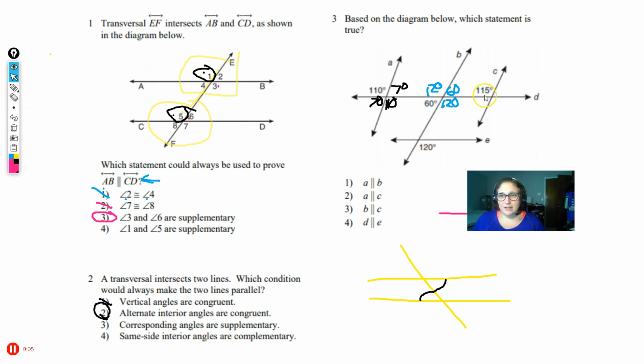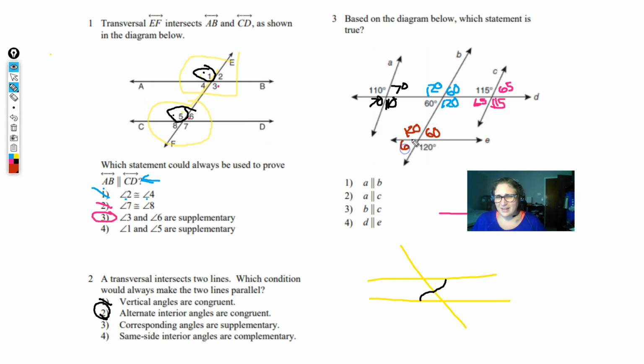Then I've got 115 here. That's going to leave this at 65. 65 and 115. And then finally on the bottom, I've got 120, 120, 60, and 60.